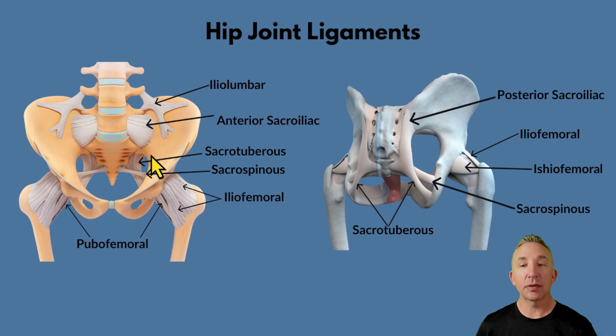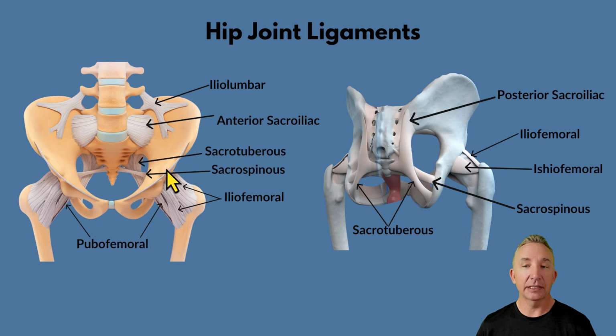As I get down to where we connect the sacrum to the ischial spine and the sacrum to the ischial tuberosity, we use those connections here. These ligaments cross each other. The one that's anterior and smaller is sacrospinous, going from the sacrum to the ischial spine.